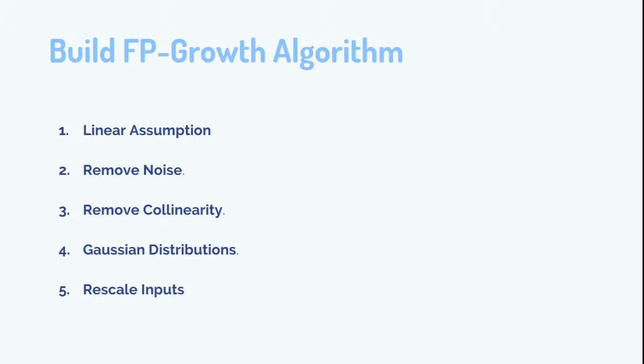The first one is linear assumption. Linear assumption is the relationship between your input and output: is it linear or not? Mostly it may be, but it is good to remember when you have a lot of attributes. If you take a machine learning data set, it definitely has some attributes, and based on those attributes we need to predict.